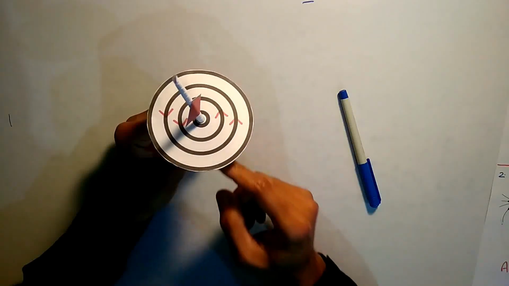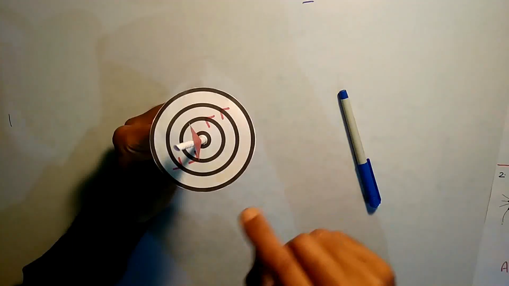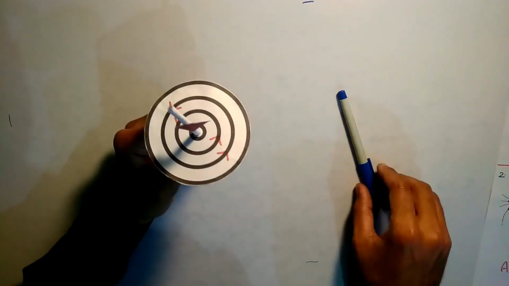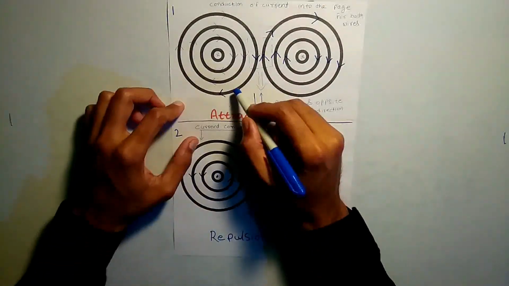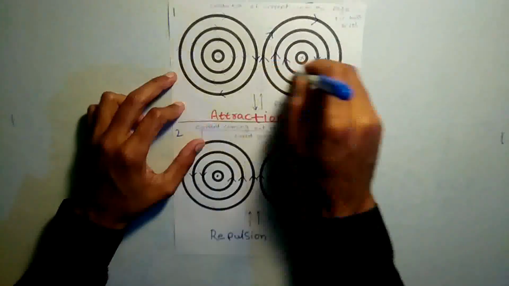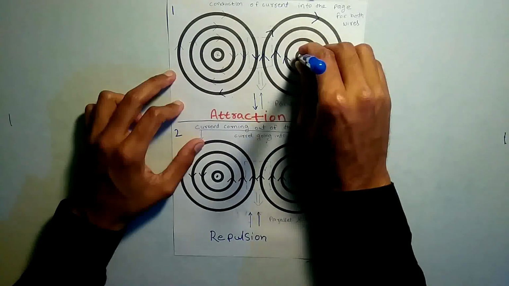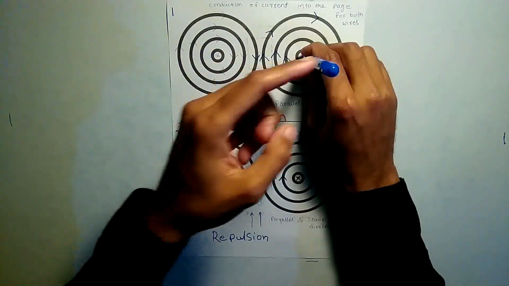Now we will understand how concentric fields interact with each other and how they repel or attract each other. Consider this image. Here we have two conductors which are perpendicular to the plane of paper, and the direction of current is into the plane of paper.